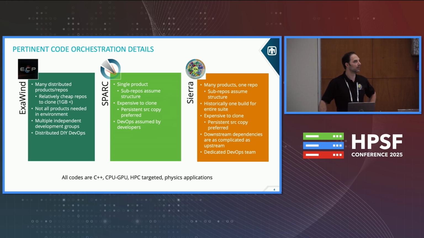And due to the nature of the software and the fact that it is actually a suite of multi-physics applications, the internals of it are as complicated, if not more complicated, than our TPL stack. So typically you think about things as, hey, I want to manage my TPLs and then build the software I care about. And in Sierra, that is not really much of an inflection point. And this team does have more resources. It does have a dedicated DevOps team.